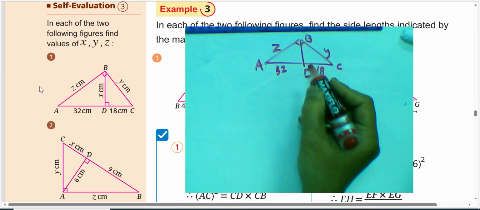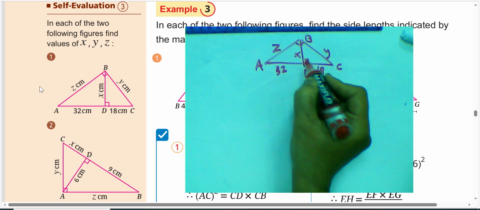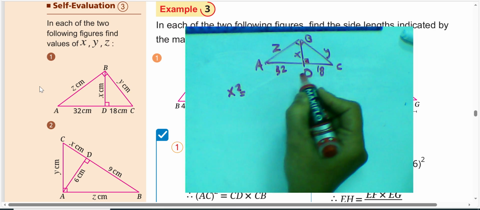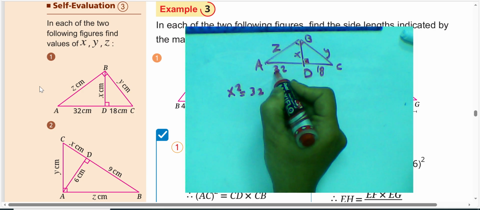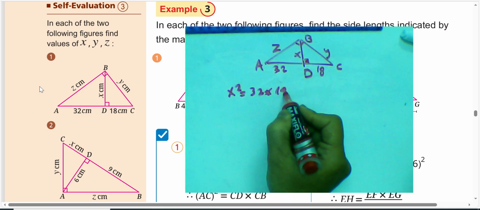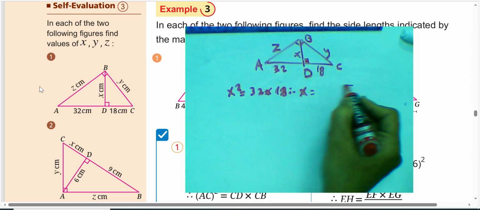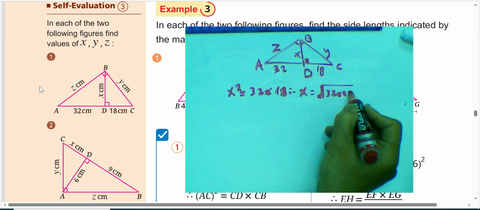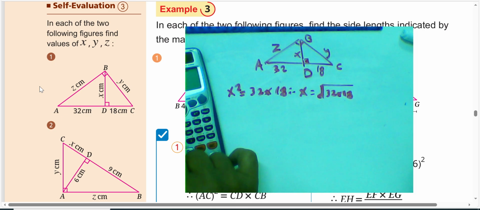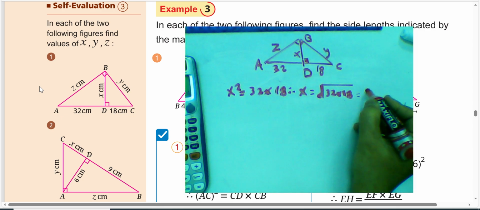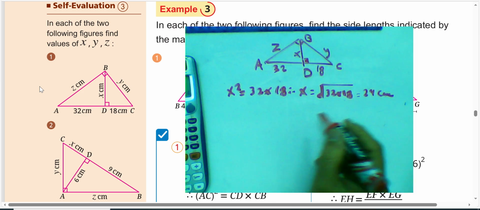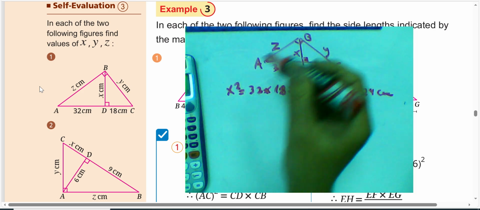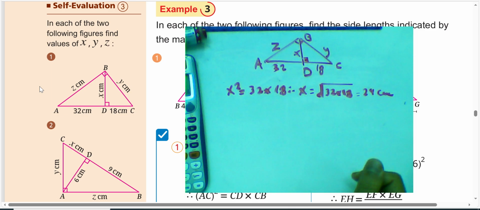How can we find the answer? First step, we have x power 2 equal 32 times 18. Then x equals square root of 32 times 18. Then x equal 24 centimeter. Then we can find y from Euclid's theorem. Who can tell me?